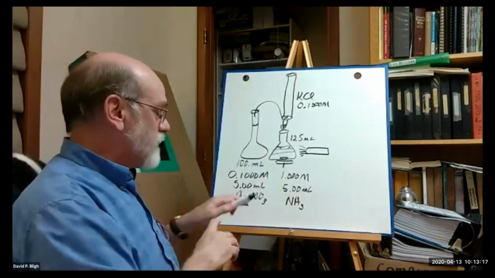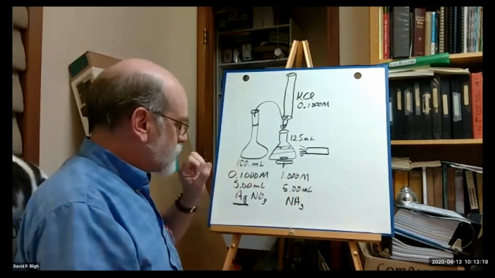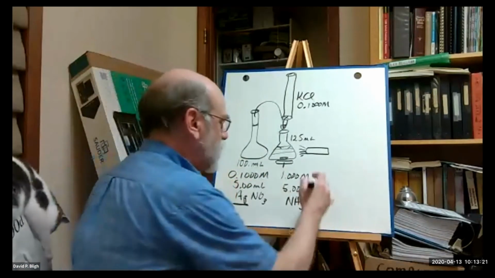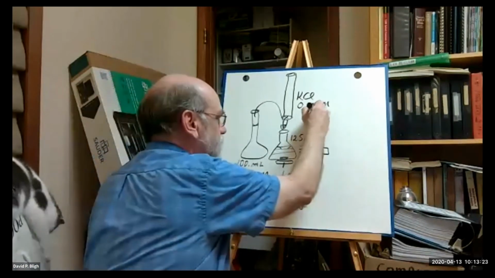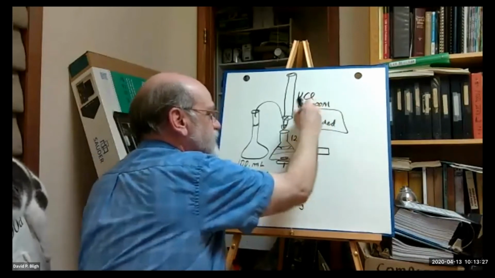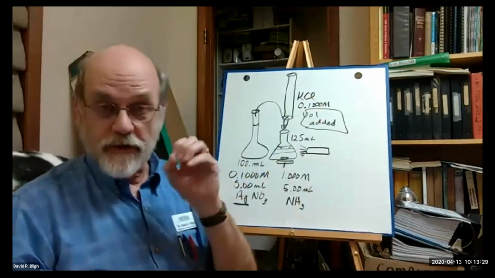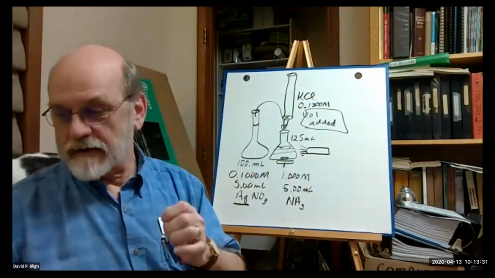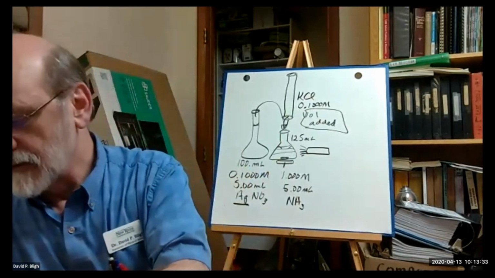So now you have everything you need. You got this concentration, that concentration, and you have the volume added to reach the endpoint. Those are the 3 data points that are given in this document right here. Okay?